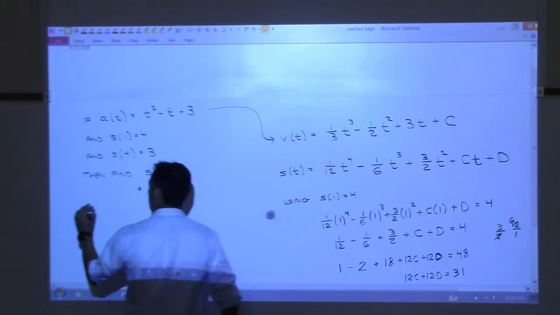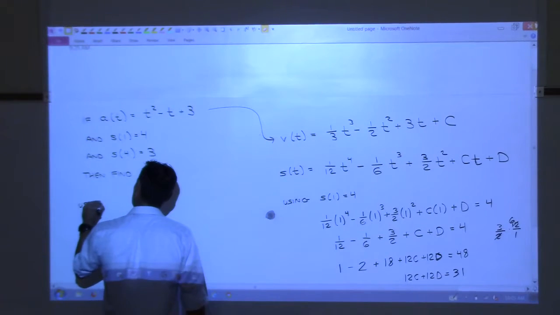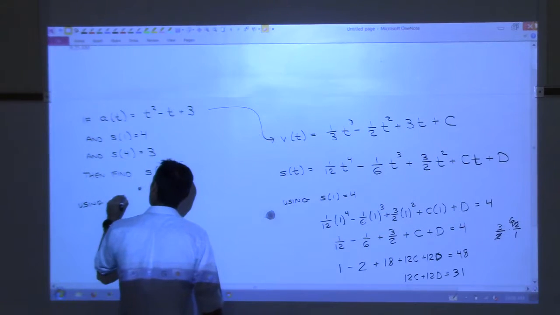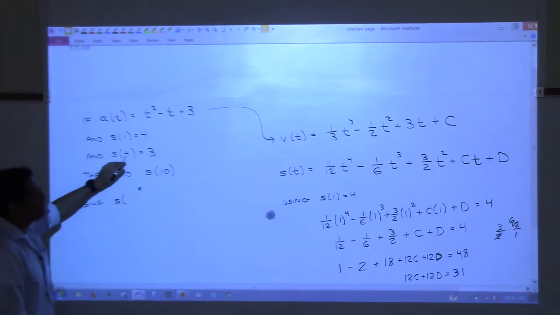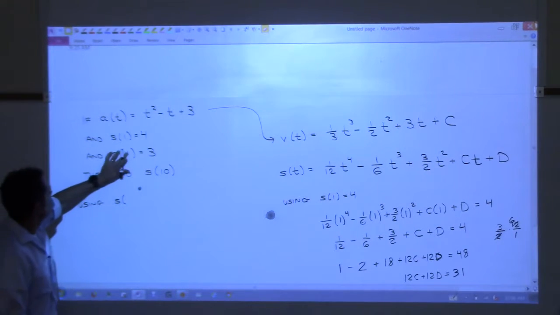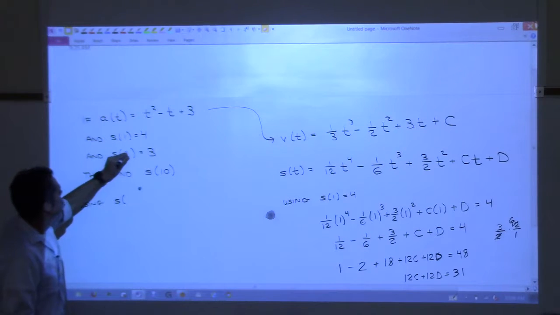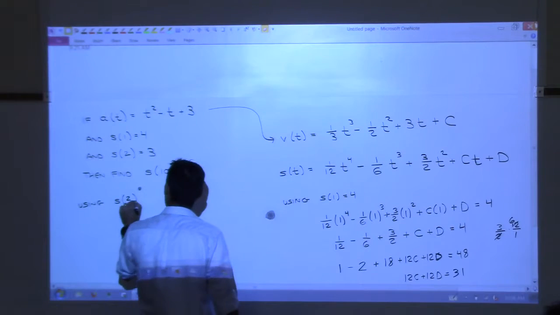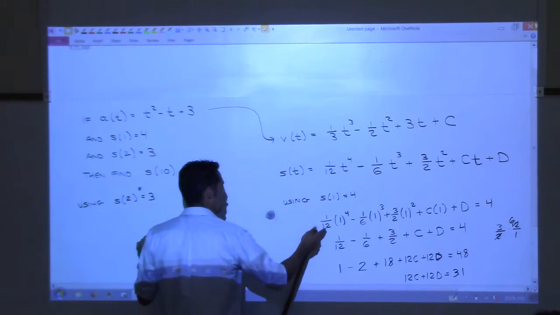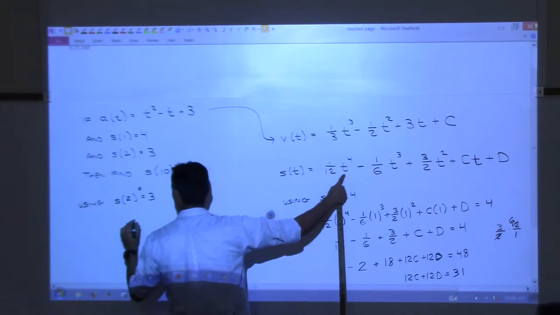Okay, so now using S of, you know what, can we change this to 2 just to make our lives a little easier? Let's just make that S of 2 is 3, just to make our lives a little bit simpler. So S of 2 is 3 means that when I plug 2 into here, right?